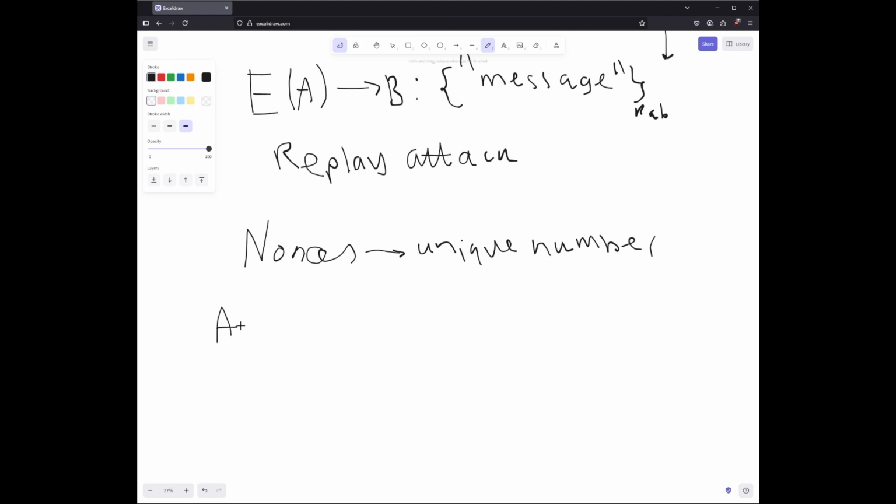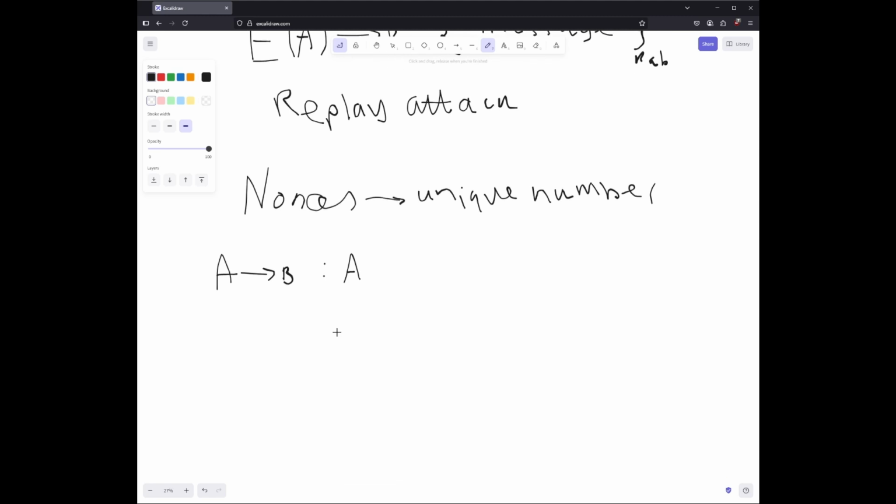So let's think about it. First of all, let's say Alice wants to communicate with Bob. A good thing to do in these protocols is identify yourself, because B wouldn't actually know once they receive a message that it's A. They can't confirm it's A. So they send an identifier to say, okay, look, I'm Alice.